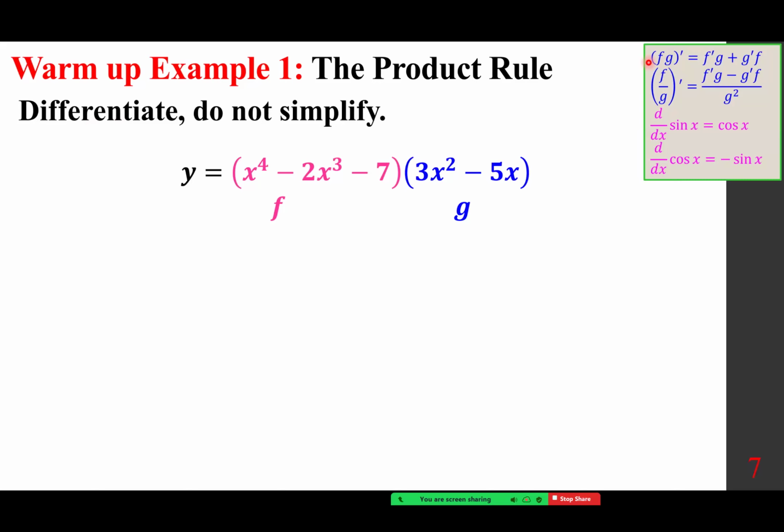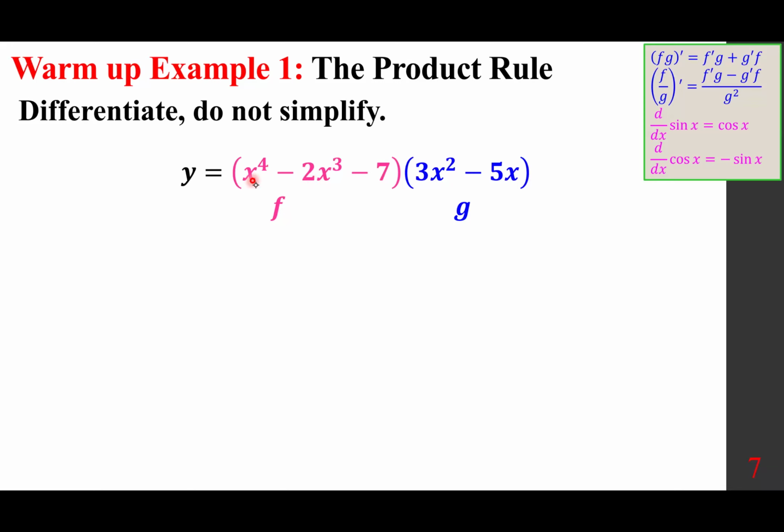So we are going to call the first parentheses the function f of x, and the second parenthesis the function g of x. And so according to the shorthand notation, we are going to differentiate this, multiplied by this, plus we're going to differentiate this, multiplied by this. And that's the only calculus step. The rest of them, simplification, would be algebraic steps.